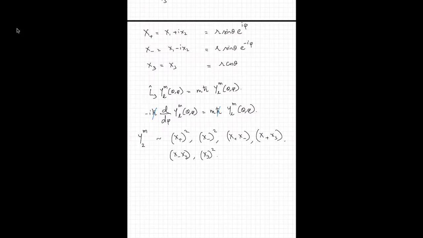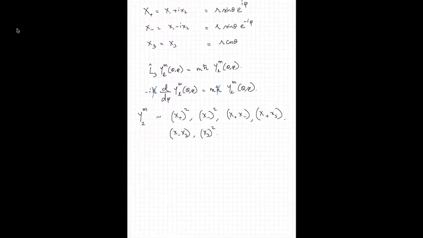Similarly, Y_3m would have x plus cubed, x minus cubed, x plus square x minus, and so on and so forth. Okay. Now, out of all these possible terms in Y_lm, it is only x plus and x minus that have an explicit phi dependence. Right? So let us say that you have a general polynomial of order L. Let us say that it has n plus factors of x plus and n minus factors of x minus.